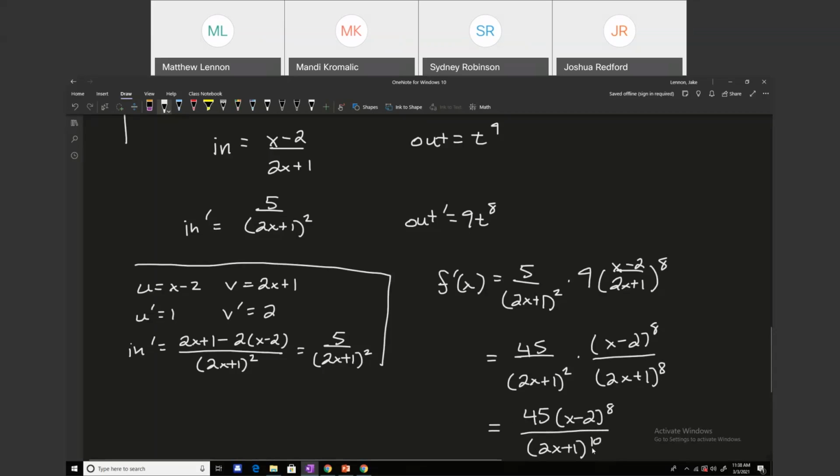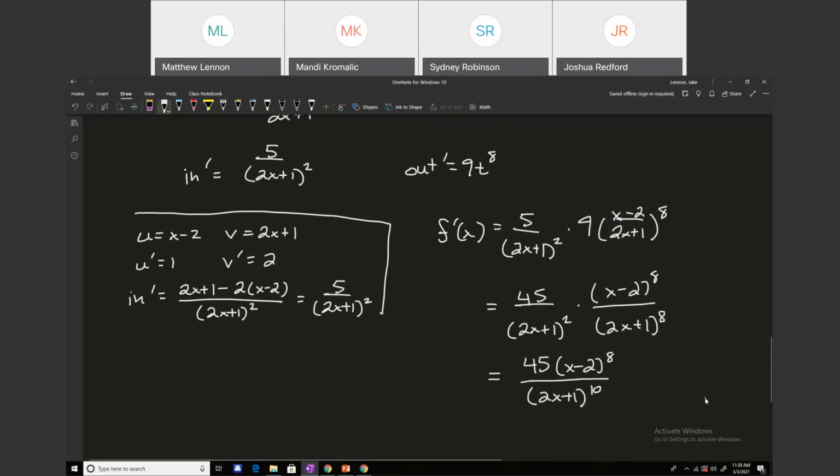raised to the 10th. So again, you wouldn't have to do all that simplification. You could stop, probably all the way up here if you want. But I'm just trying to write it how I think the book will have it written. And that's in the final form there where they combine the denominators. Okay, let's see if they got the same thing.